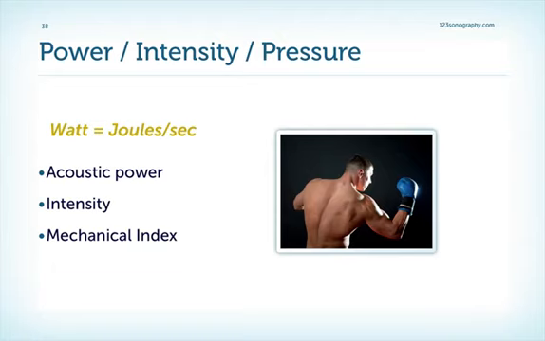Energy is measured in joules, and watts, therefore, is joules per second, in other words, the unit with which we describe acoustic power. The intensity is related to the acoustic power and simply describes the concentration of energy on a certain spot. In other words, how much energy per square centimeter, for example. So, the unit is watt per square centimeter.